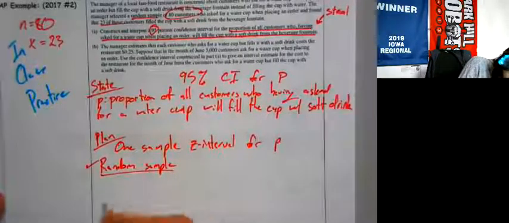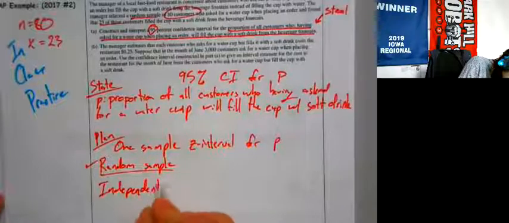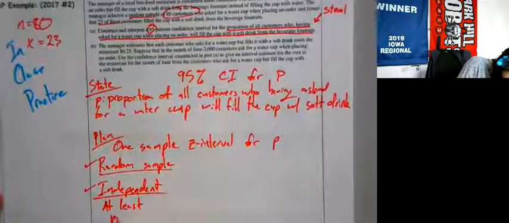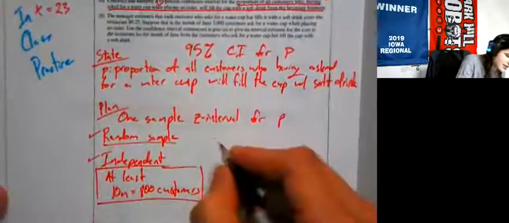We must assume independence. How do we assume independence here? We assume independence by saying there are at least 10n, that is 800 customers. And then the last thing we need to consider is normality.